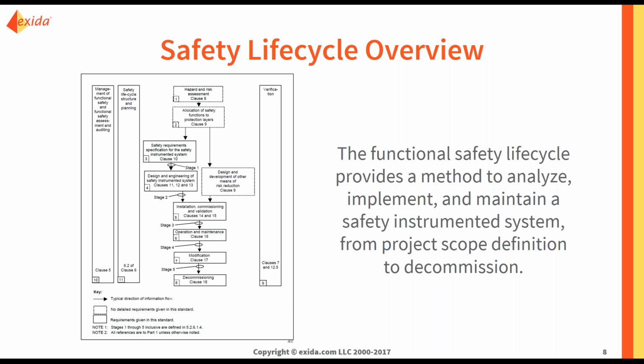And so it's giving you a guideline that helps you to assess the inherent risk in your process, implement safeguards against any hazards that are possible, and then maintain your system to keep it safe. And as you can see on the left-hand side of the slide, this is what it looks like in the standard. It's often depicted as a top-down list, almost like a checklist of each task that you have to do to keep your system safe.